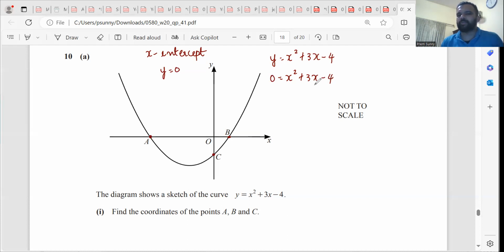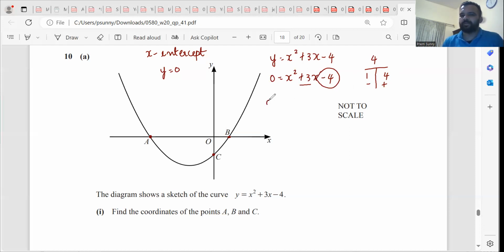For x squared plus 3x minus 4, which two numbers, when we multiply them, give minus 4, and when we add them, give 3? That is positive 4 and negative 1. Multiplying minus 1 and 4, I get minus 4, and adding them, I get positive 3.